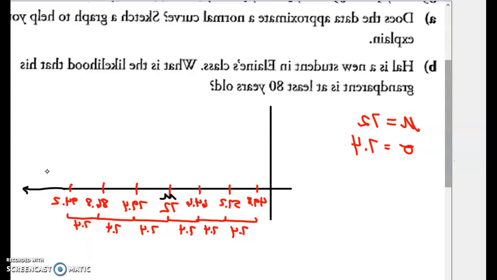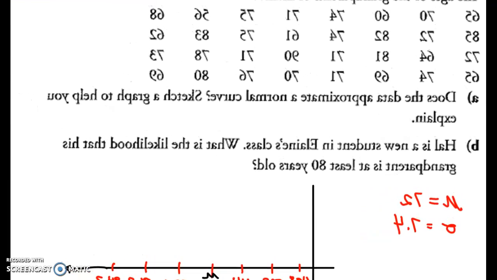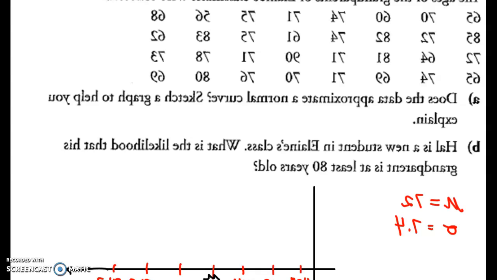Now, what we would need to do to see if this was normally distributed is count the number of pieces of data within each interval. Sorry, I should move my screen so it's centered here. There we go.